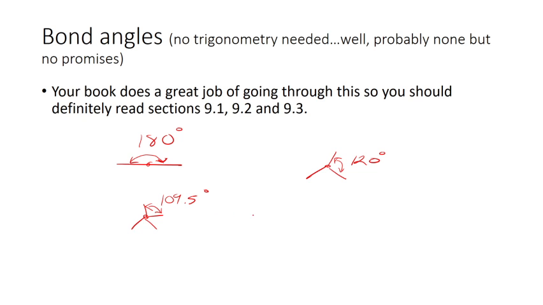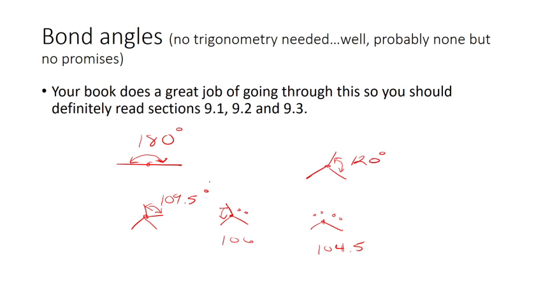Now here's the tricky part. When you have one lone pair as one of the places, the angle shrinks. This one is about 106. And then again, if you have two lone pairs as two of the spots, it shrinks again to about 104.5.